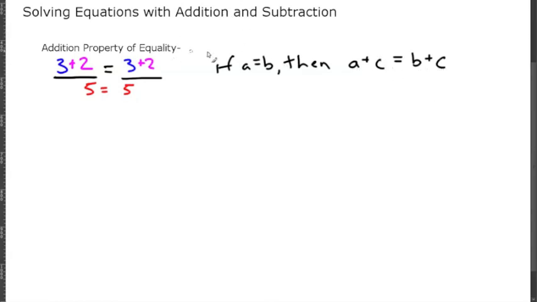But the key to this is that A and B are equal. That means that A and B are both the same exact number. And we know that C in any given problem can only represent one number at a time. So these C's have to be equal.